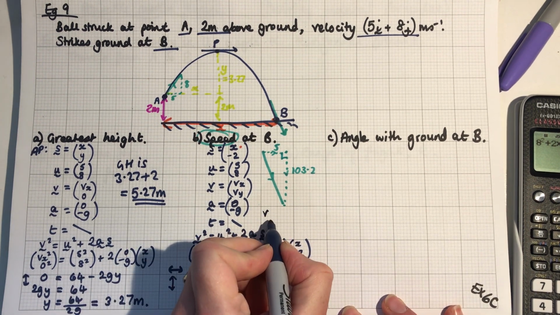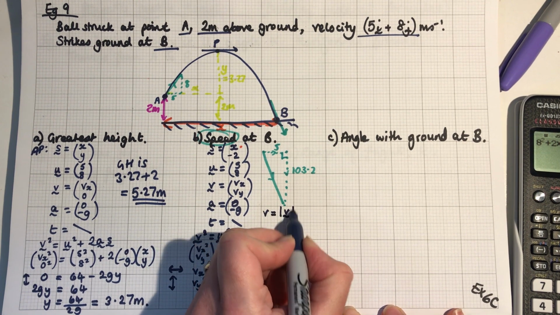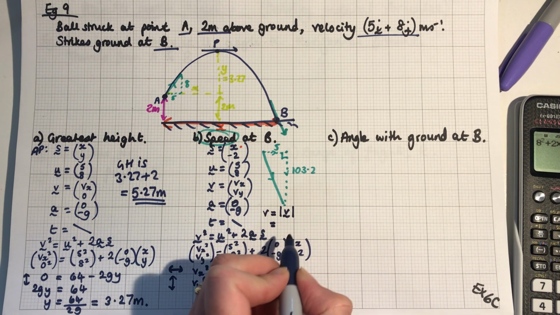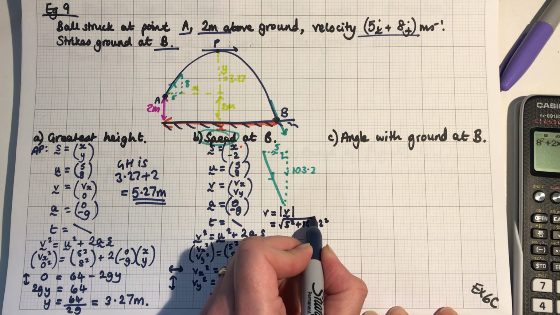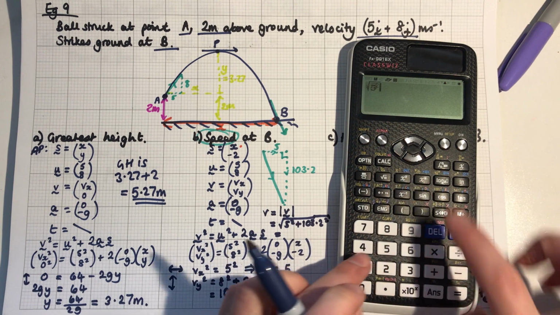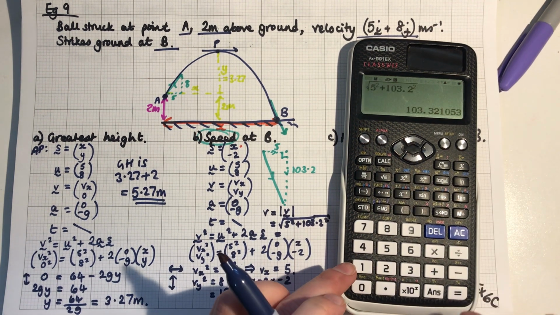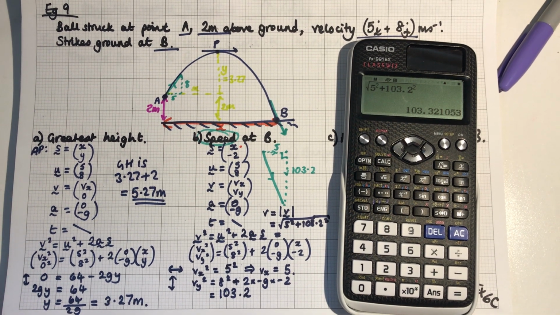So our speed v is the magnitude of the vector v, and that's going to be the square root of 5 squared plus 103.2 squared, and that gives me 103. That's coming out really, really big.